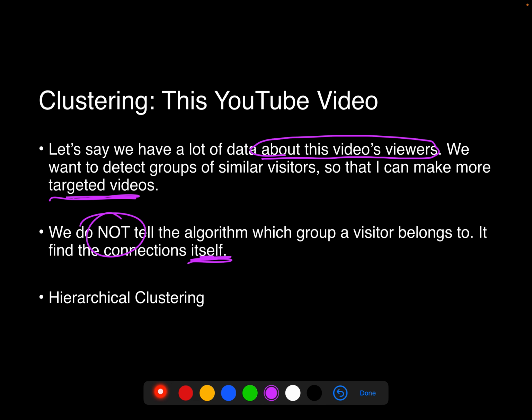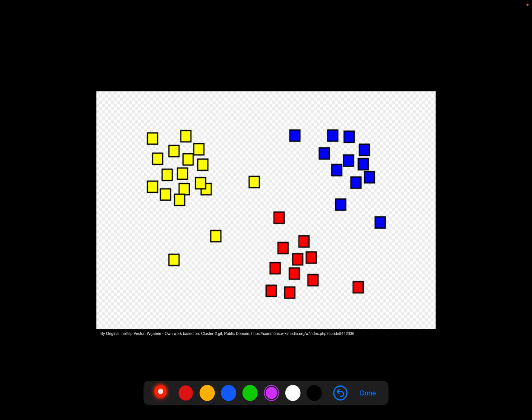So an example of clustering is something called hierarchical clustering. This image illustrates that in action. You can see how the algorithm has taken a disorganized field of data points and sorted them into distinct, what we call neighborhoods, based on their proximity and their traits.